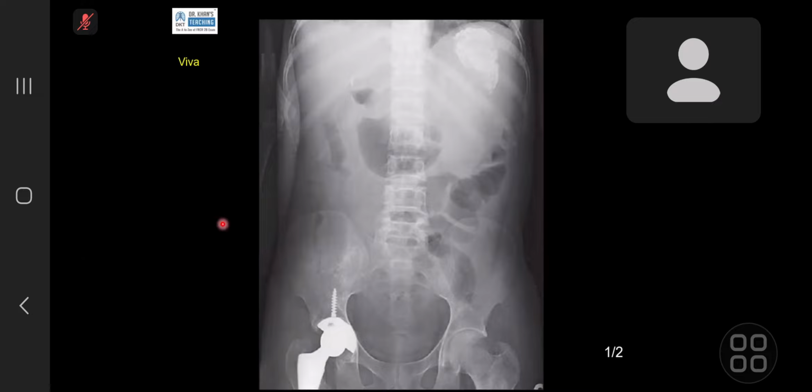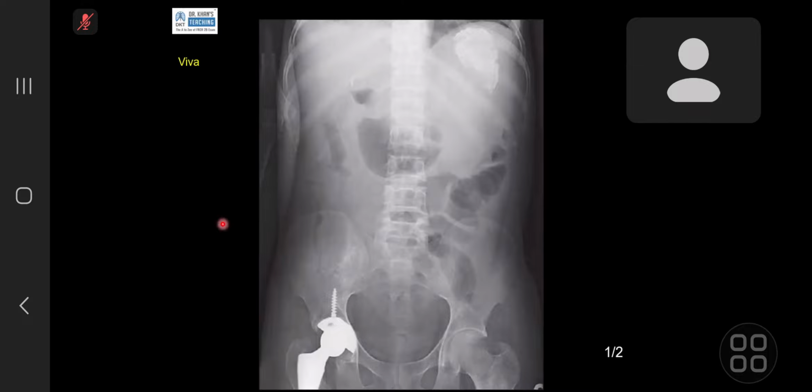Also, there is a radiolucent area seen in the left head of femur. The right head is showing a prosthesis, a total hip replacement prosthesis.